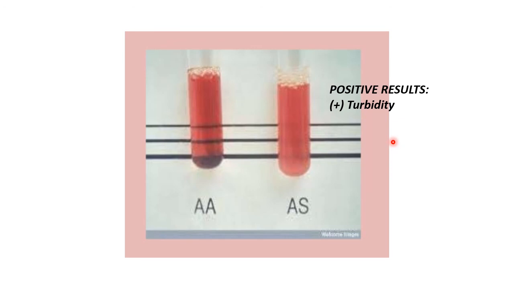So, ma-appreciate natin sila dito. Halimbawa, ito, it contains the normal adult hemoglobin, complete lysis. So, you can see through and through yung paper na nasa background. In contrast with the sickle cell, hemoglobin S, which is resistant to lysis. So, very turbid. Hindi mo makikita yung background paper.